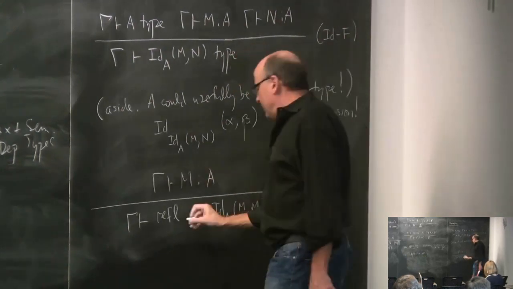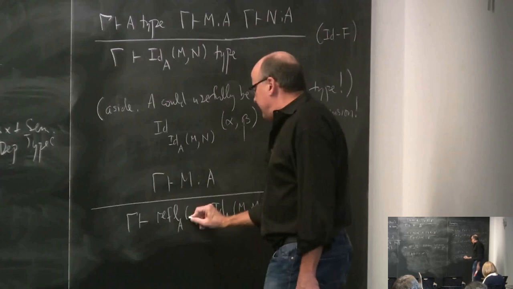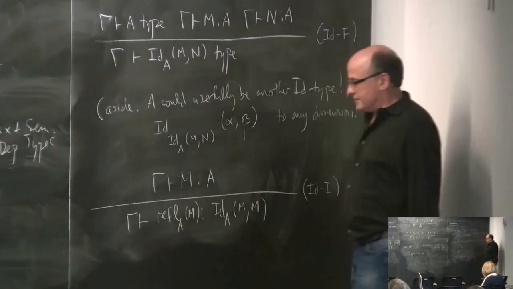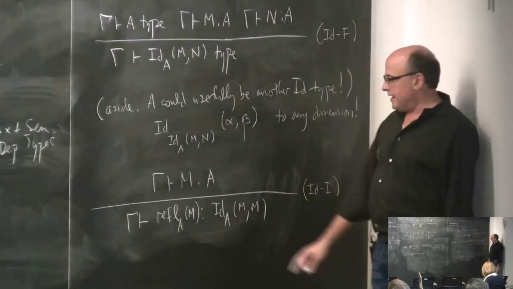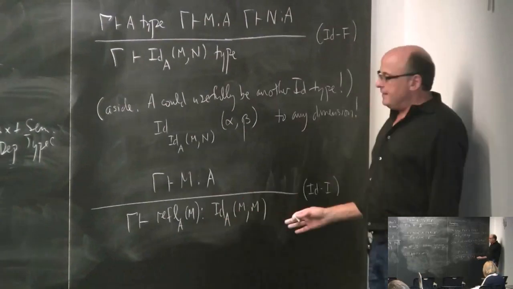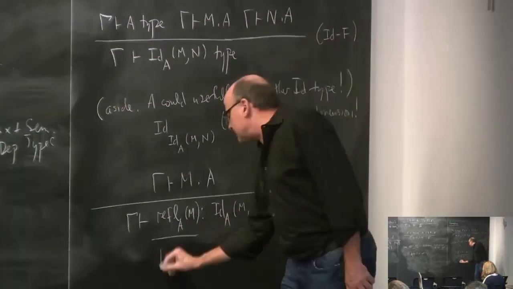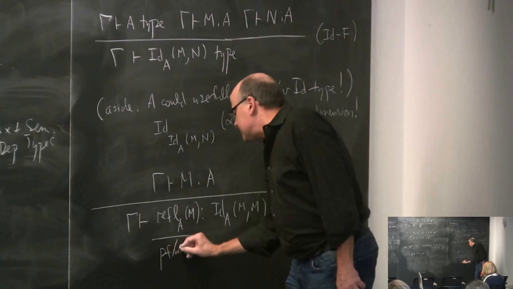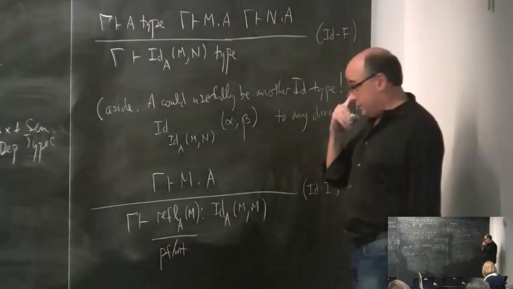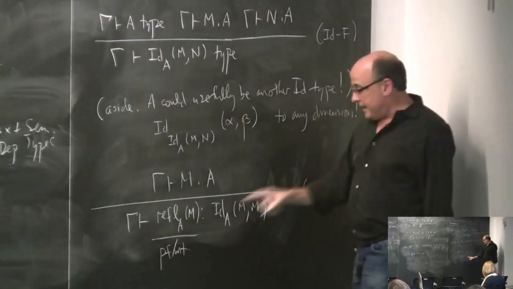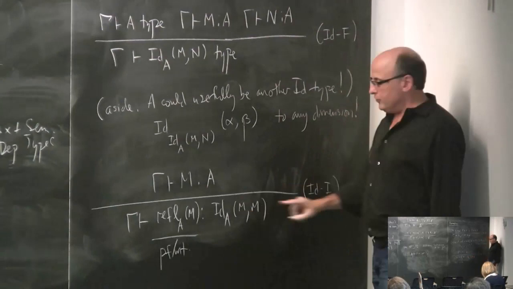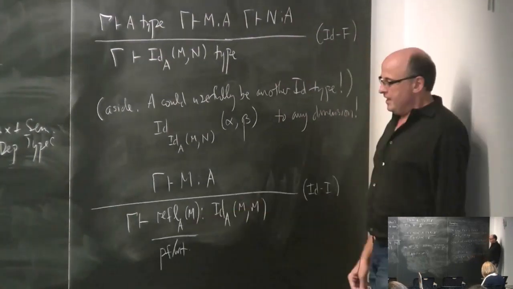Everything is equal to itself, and we'll call that maybe refl A of M. That's a common notation, saying that that's a witness. This is a proof object, or witness, people use different terminology, expressing the fact that M is equal to M, in the type A.